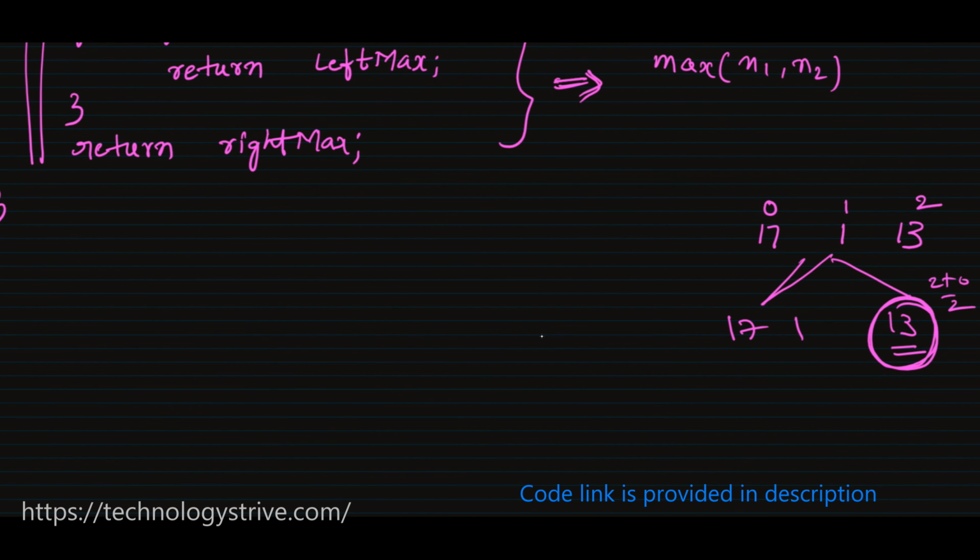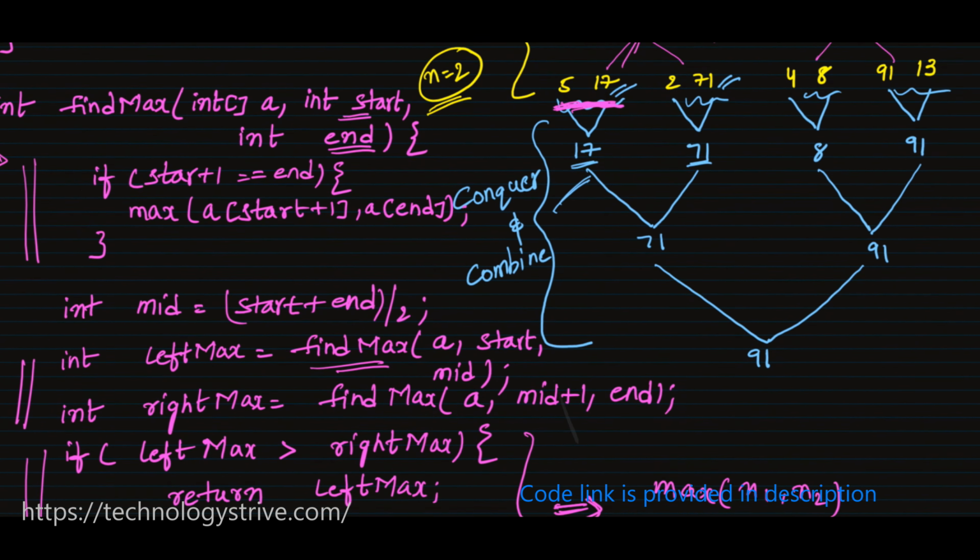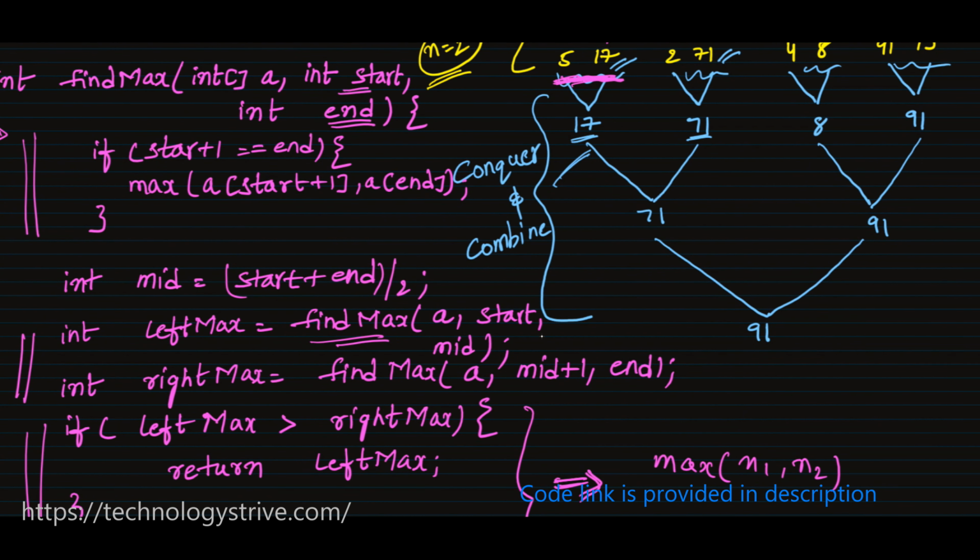That means both start and end are the same. So we have to write one more base condition. If start equal to end, then we have to return either a start or a end. Both are the same only. So this is one more base case.